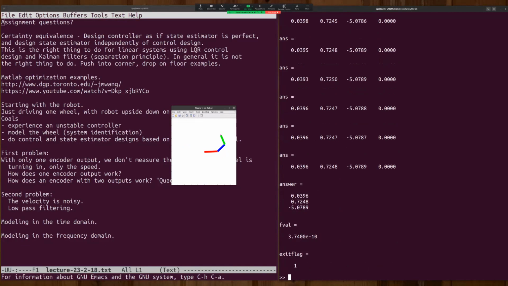And so you can see, starting from different places, we actually end up with different configurations of the arm that satisfy the goal of putting the tip on the pink target.